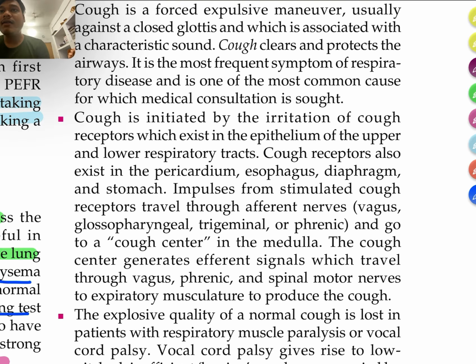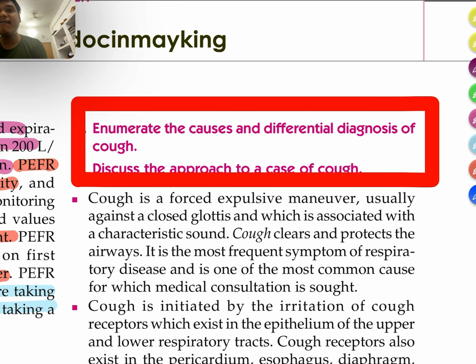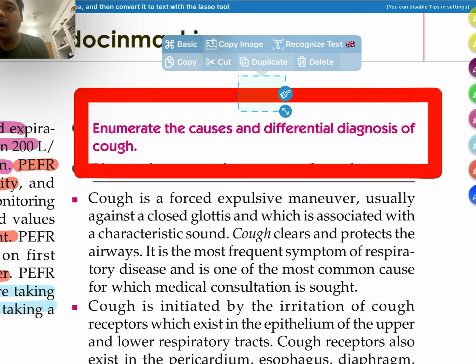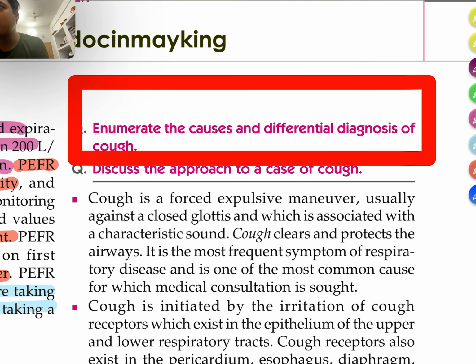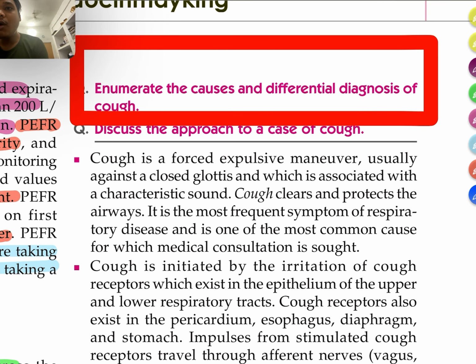Next, enumerate the causes and differential diagnosis of cough. How will we approach a patient with cough? First of all, what is cough? It is a protective mechanism through which we try to exhale out the pathogen, cough material, or whatever is responsible for obstruction of our respiratory tract.